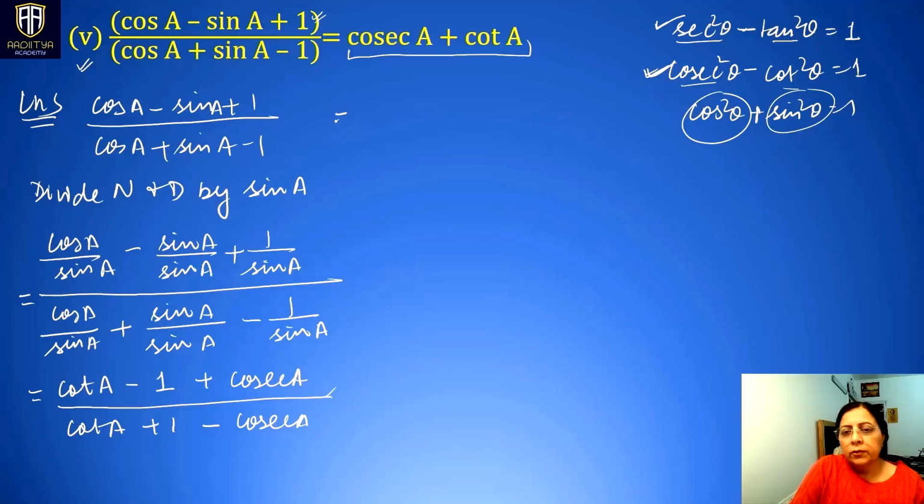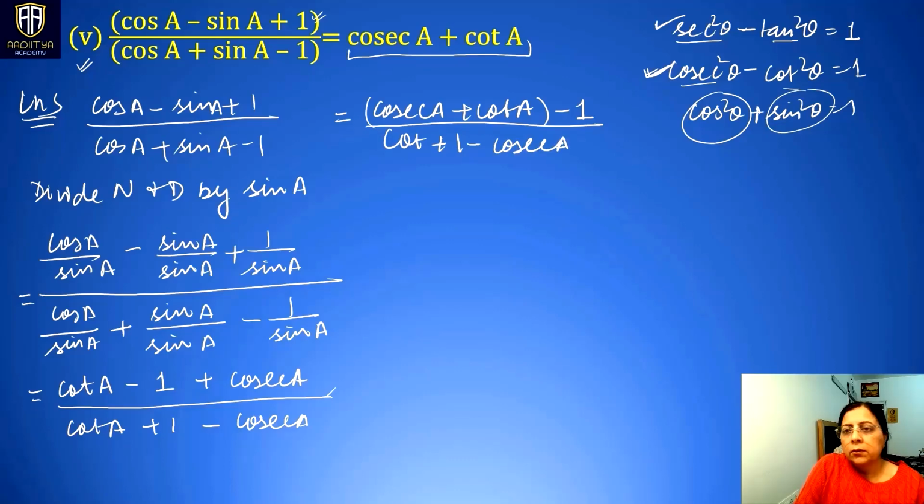So now solving it further, I am writing this as cosec A plus cot A in a bracket minus 1. The denominator you can write as cot A plus 1 minus cosec A. Only in the numerator you have to open 1.